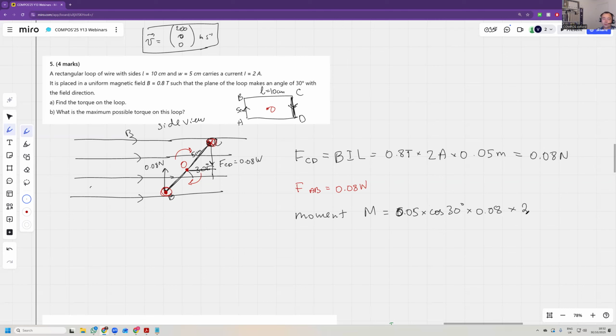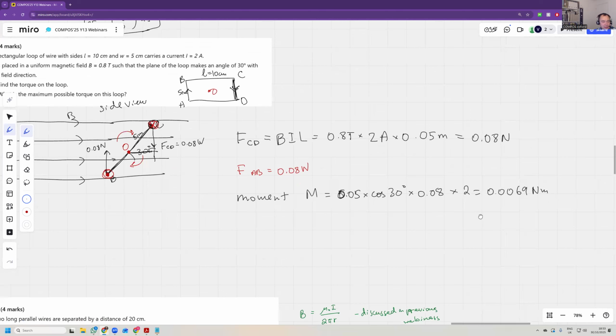We have two moments in the same direction. So 0.05 times 0.08 times 2 times cos 30. So pi over 6. Calculate it in radians for some reason. So it's 0.0069 Newton meters. It's a very small moment.